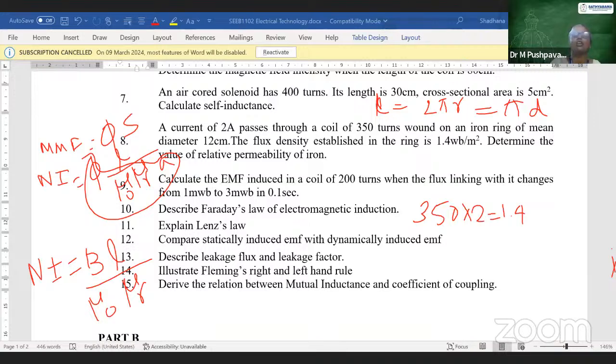Length is nothing but pi into D. I am substituting pi into D, and mu naught, 4 pi into 10 power minus 7. And the only unknown value is mu R. Tell me the mu R value.